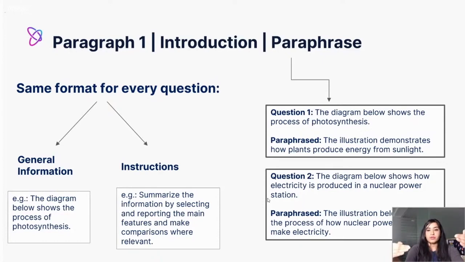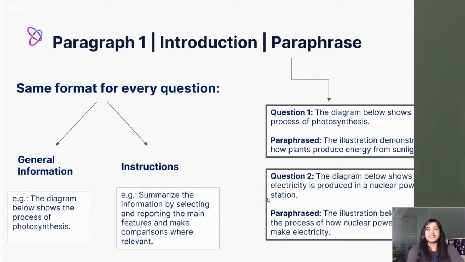Okay, so the first one is saying how electricity is produced in a nuclear power station, and the paraphrased version is how nuclear power plants make electricity. Okay, so understand that you should paraphrase the introductory sentence. Okay, make sure that you learn how to paraphrase, and it's again repeating that it's a very important skill to learn. So do put a little bit more effort into learning about paraphrasing as well.